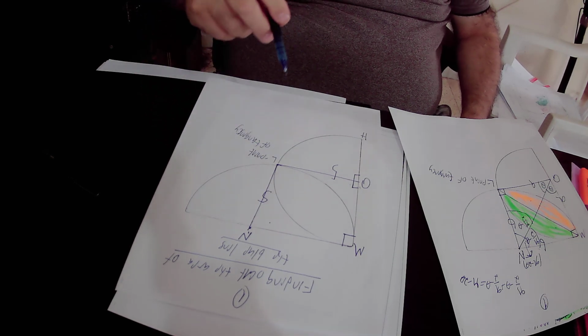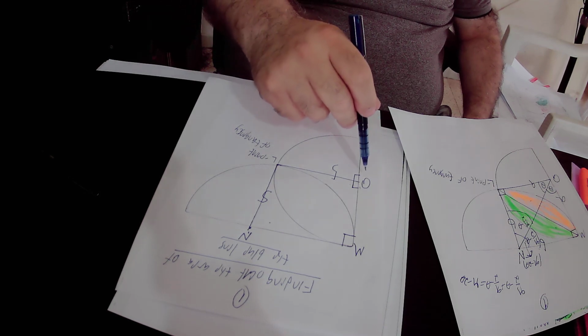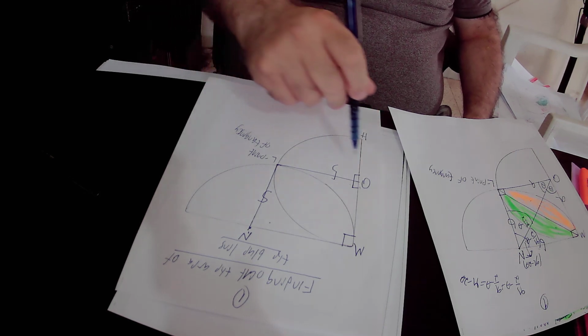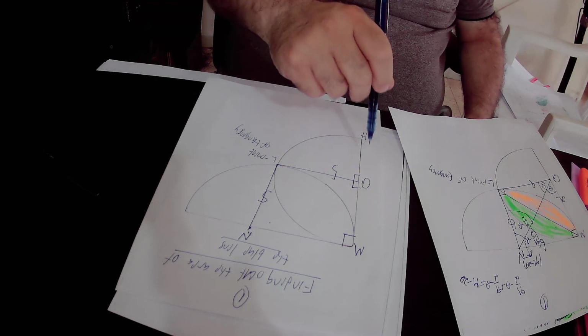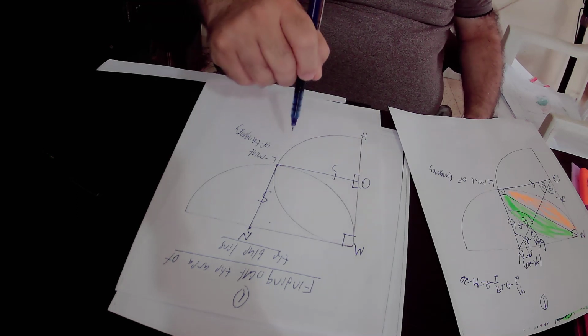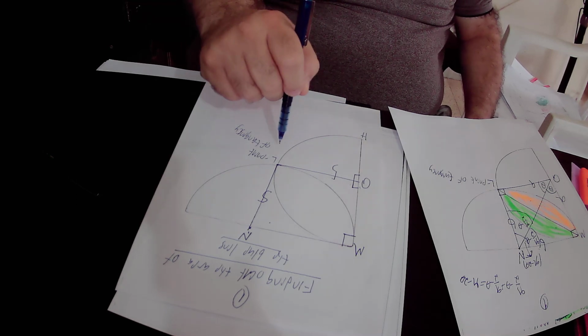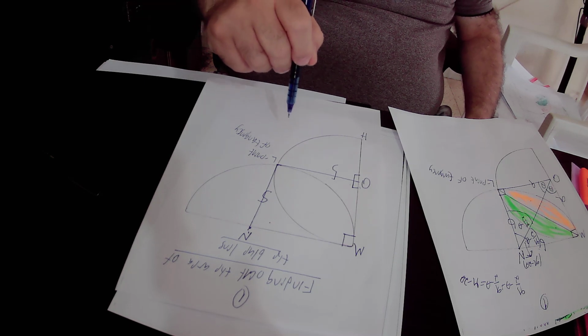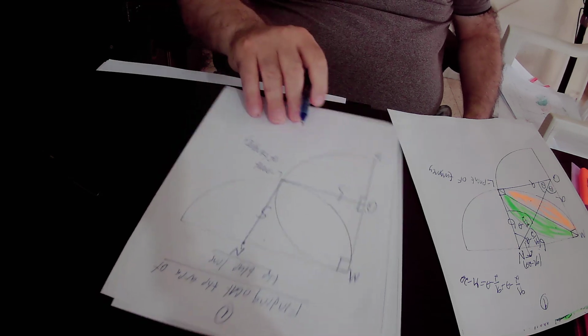So here we have this radius of this semicircle. It is drawn to the point of tangency, that is to say, it is drawn to point L.